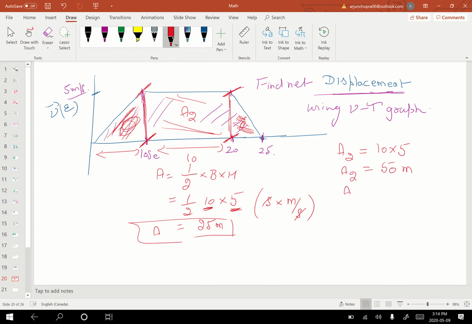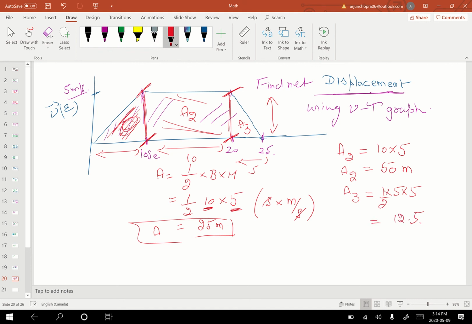And then A3 will be equal to how much? This one I'm going to name A3. So A3 comes out to be, again, this will be 5, and then this will be 5. So this is a triangle, so half times 5 times 5 comes out to be 12.5.